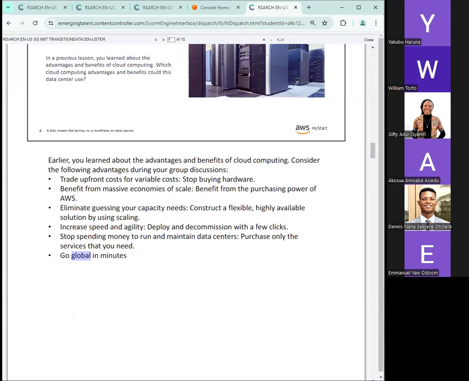You trade upfront cost for variable cost: when there are huge peak hours and you would need to buy more equipment, you can just, at the click of a button, expand your infrastructure to accommodate all that traffic. There are a lot of benefits that show them adopting cloud is best for their situation.